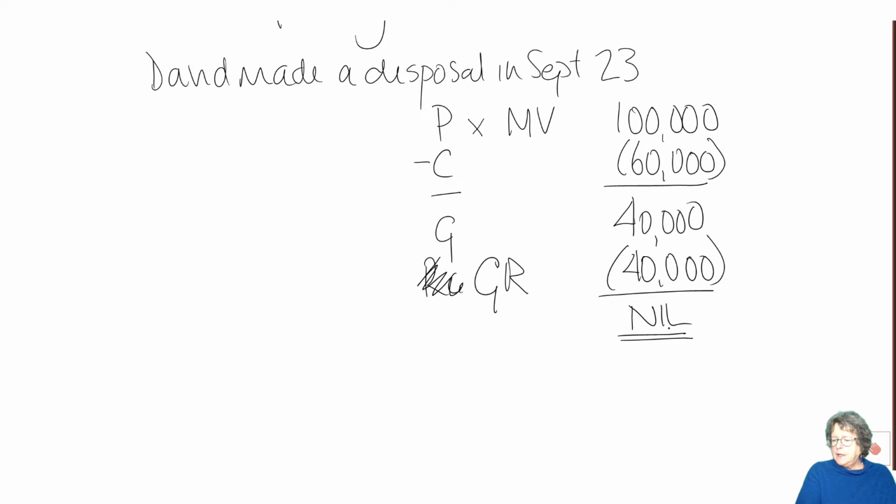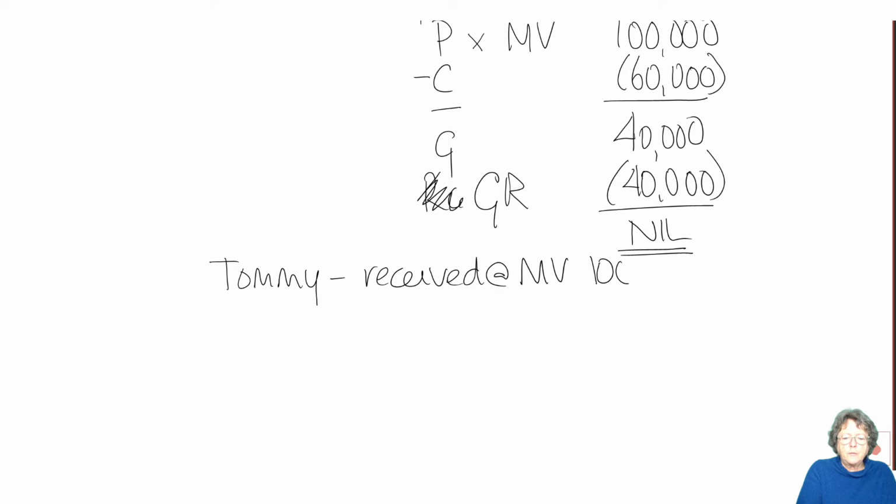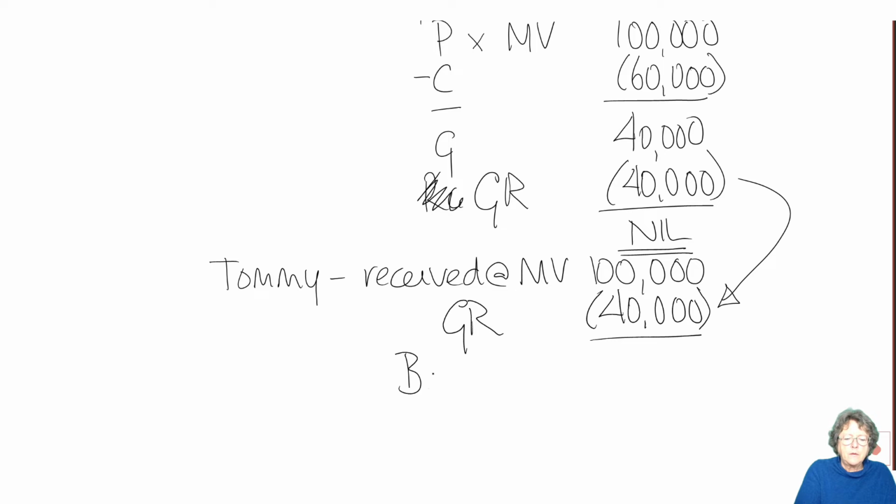Now, he has then given that to his son Tommy, and Tommy is deemed to have received it at its market value, which was £100,000. However, there is a gain rolled into it, so gift relief needs to be deducted. So the base cost of this asset is £60,000.